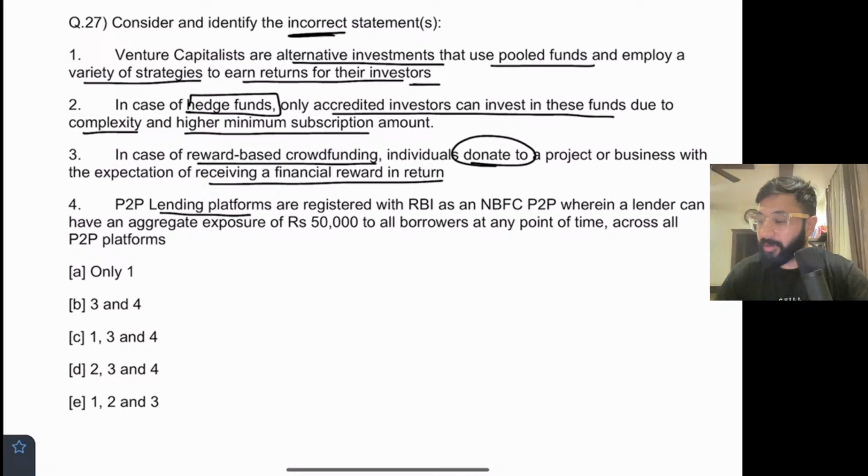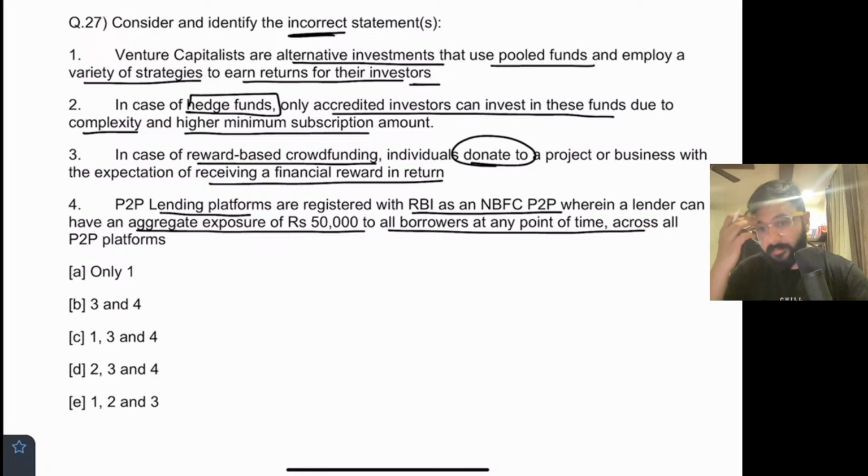P2P lending platforms are registered with RBI as an NBFC, wherein a lender can have an aggregate exposure of 50,000 to all borrowers at any point, according to P2P platforms. ये हमने P2P पढ़ा भी था recently.